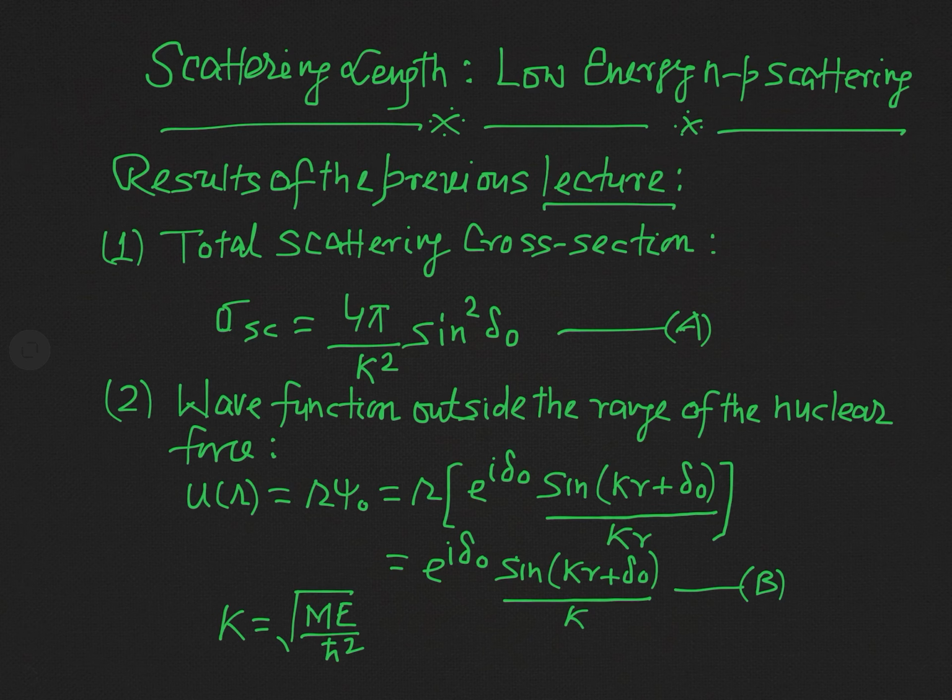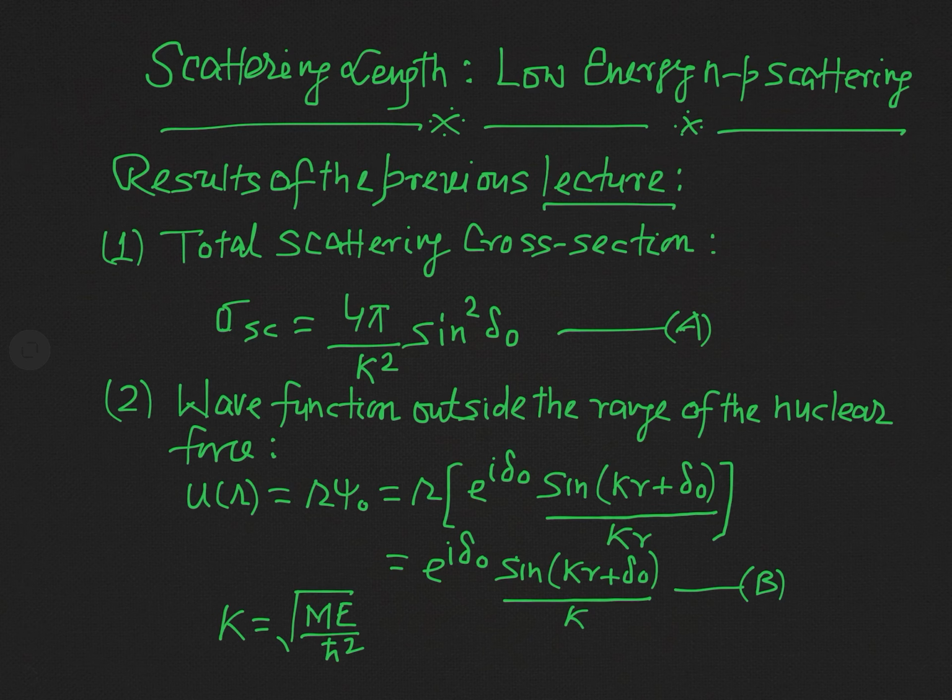In this expression, what does k mean? k is the square root of mE by h cross squared. So k is directly proportional to the square root of E, so whenever we impose a condition on k, that means the condition is on energy E.